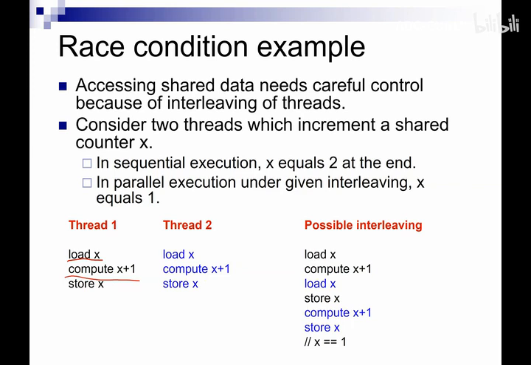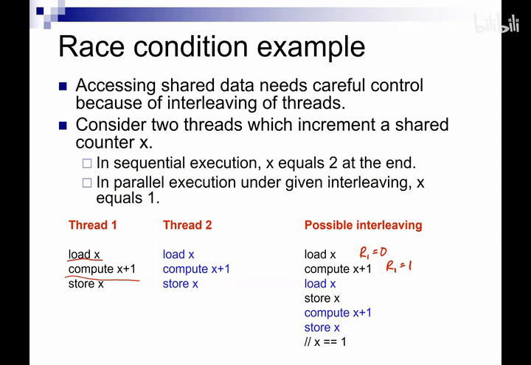With this interleaving, the first thing we do is thread 1. Thread 1 is indicated by these black operations, and thread 2 is indicated by these blue operations. Thread 1 first loads x into its register R1. If x initially was equal to 0, then now R1 is equal to 0. Then it increments x in its register, so now R1 equals 1.